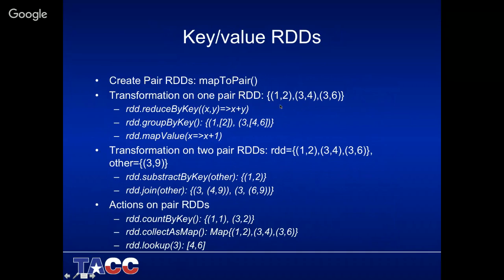Can you tell me what the result from the reduceByKey function will be, passing the summation x plus y, on this key-value list?